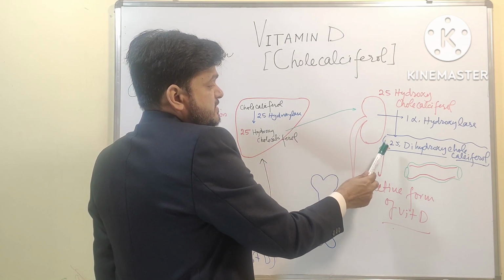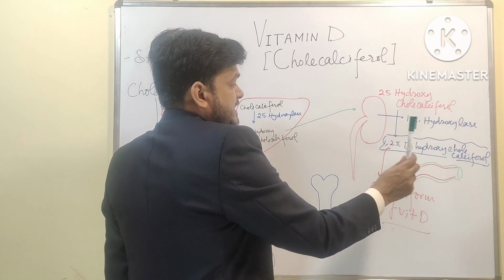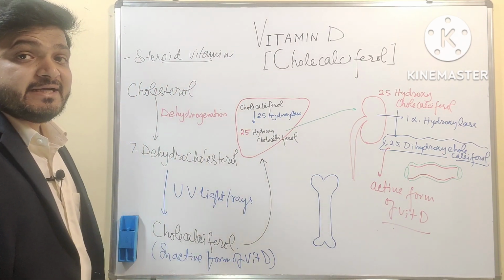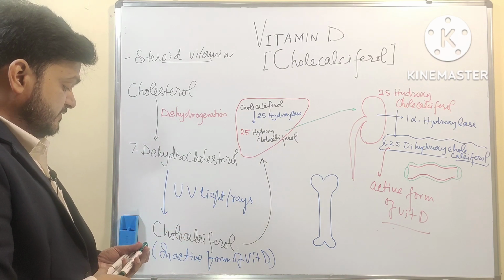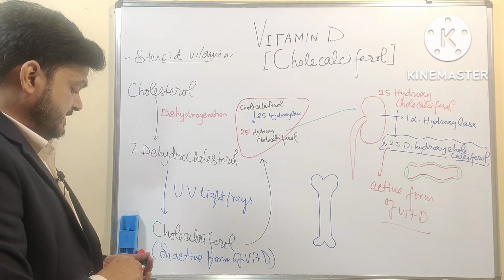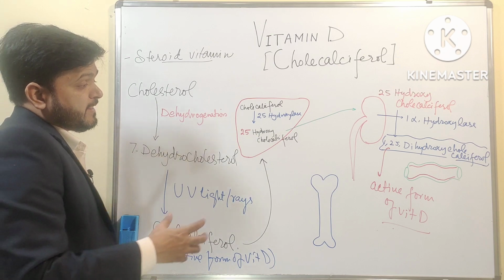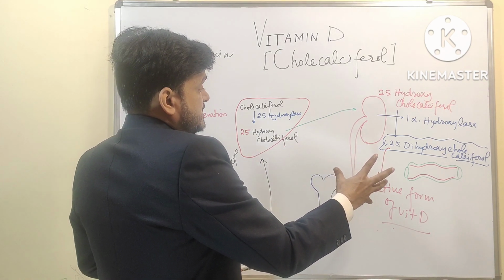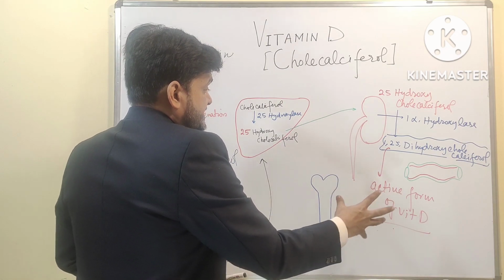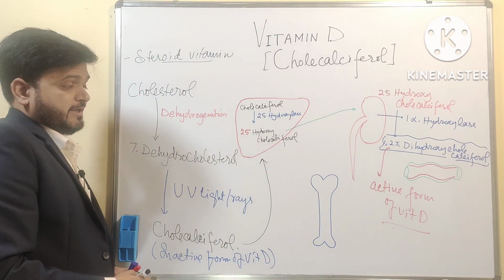So now it has been changed into 1,25 dihydroxycholecalciferol, which is the active form of vitamin D. Now, what is the function of vitamin D? You know that it regulates the metabolism or plasma concentration of calcium and phosphorus in the body.